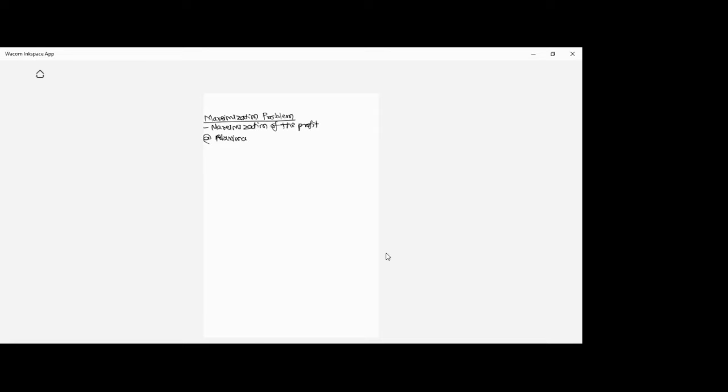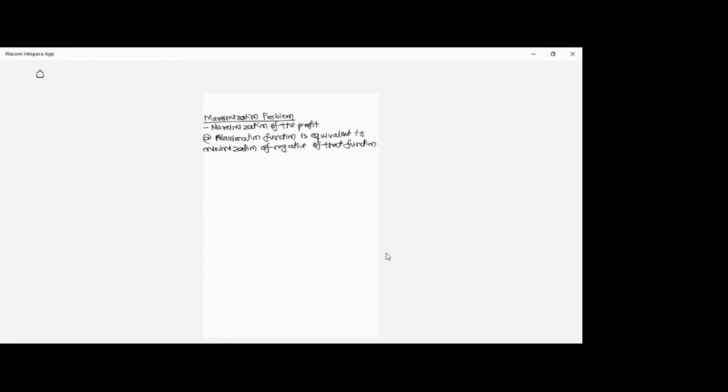Maximization function is equivalent to minimization of the negative of that function. Making you understand, right?